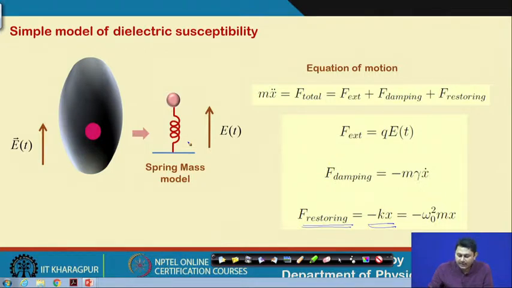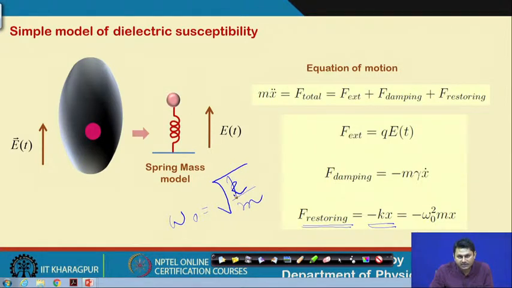And then if I write this k in terms of the resonance frequency omega 0, it is simply omega 0 squared m multiplied by x, because we know that omega 0 is the resonance frequency. It is nothing but the square root of k by m in the spring mass system, where m is the mass of the system and k is the spring constant.